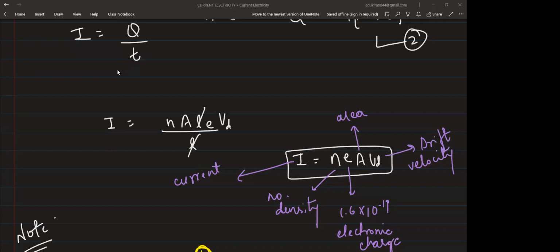Like here, if time increases, current will decrease. Because if time decreases, the overall ratio is going to increase. If I take 10 divided by 5, that gives me 2. And if I reduce the denominator and make it 10 divided by 1, that gives me 10. As I decrease the denominator, I get a larger value, right?